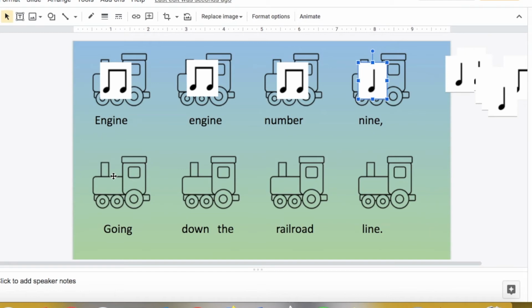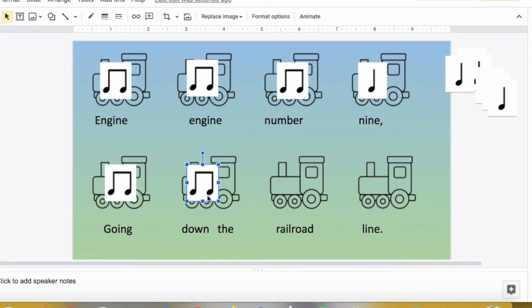In the next line, going down the railroad line. Going. That's a TT. Down the. This one's not only two separate syllables, it's also two words, all in one beat. So two sounds on one beat, that's another TT. Railroad.